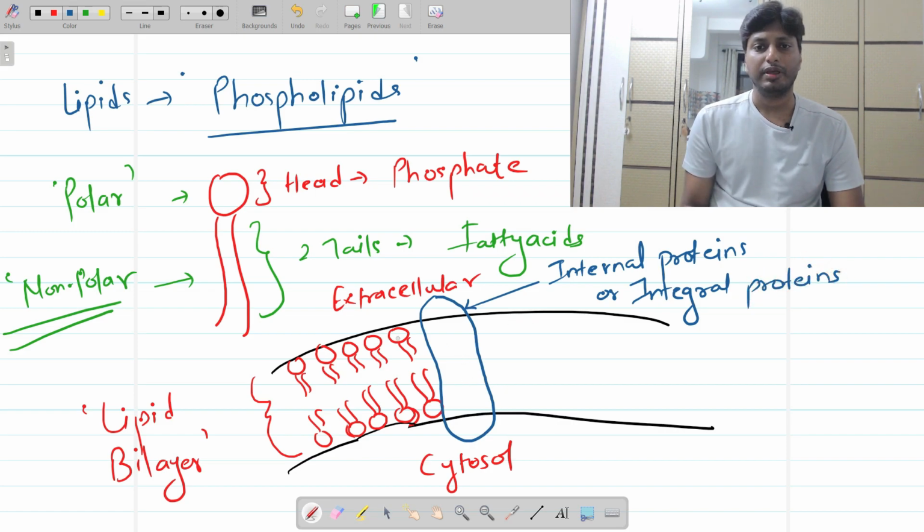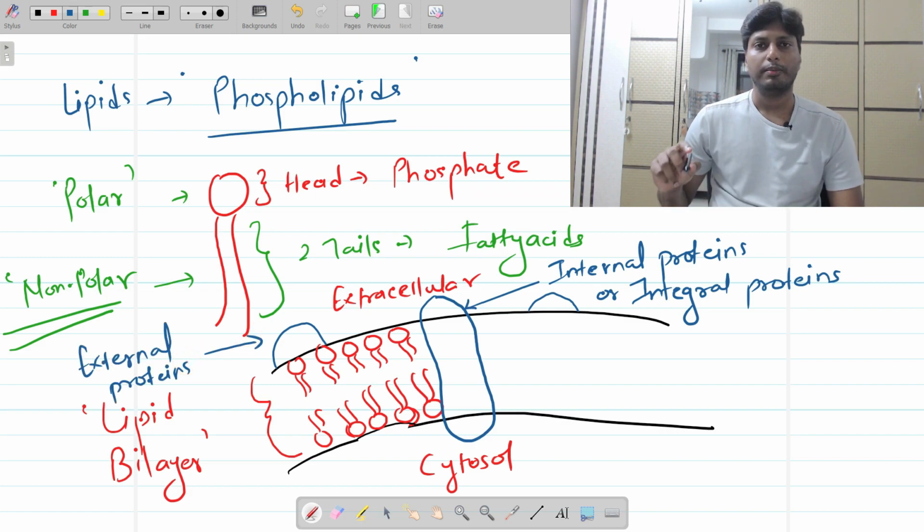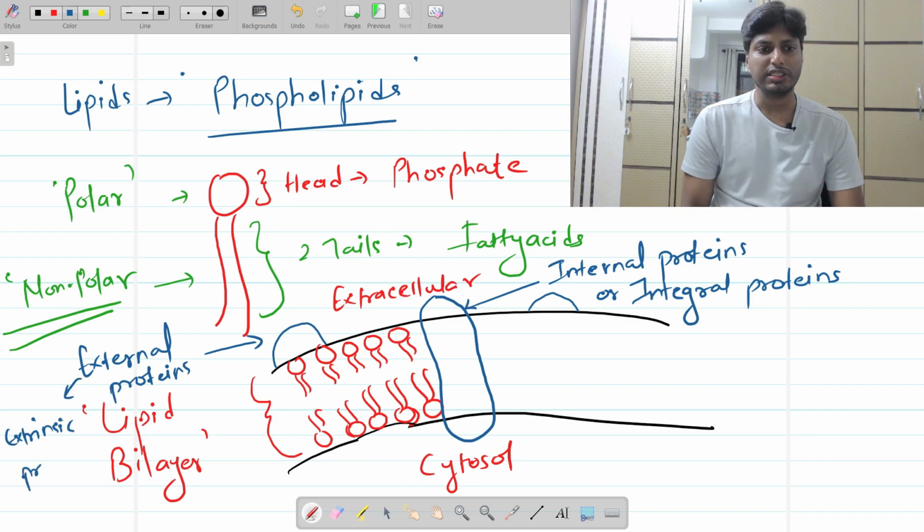At the same time, there are certain proteins which are present only on the surface of the membrane, and they can be easily extracted from the membrane. These proteins are called external proteins. So basically there are two types of proteins, integral proteins and external proteins, and external proteins are also called extrinsic proteins. These are just different names, but you need to know the meaning behind them.